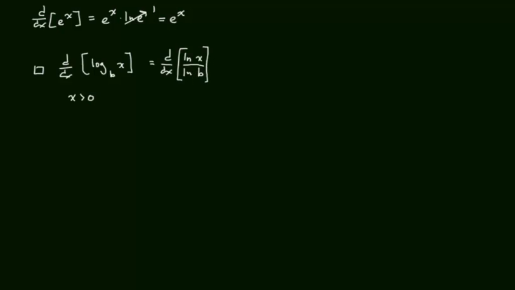Now natural log of b is a constant. It's like natural log of x over 2. So I'm going to factor out the constant, 1 over natural log of b, times the derivative with respect to x of natural log of x. So we have 1 over natural log of b, then times the derivative of natural log of x, which is simply 1 over x.